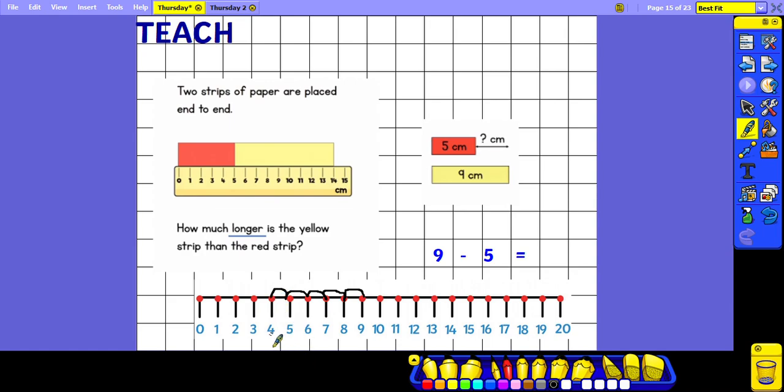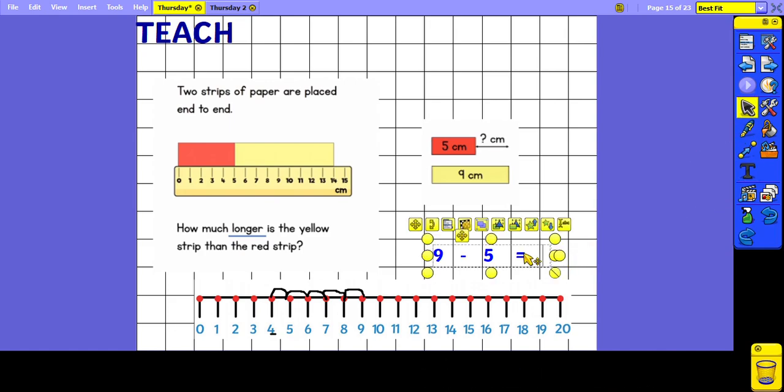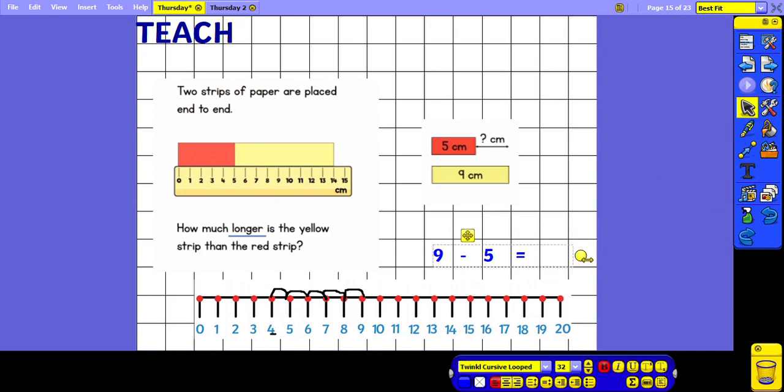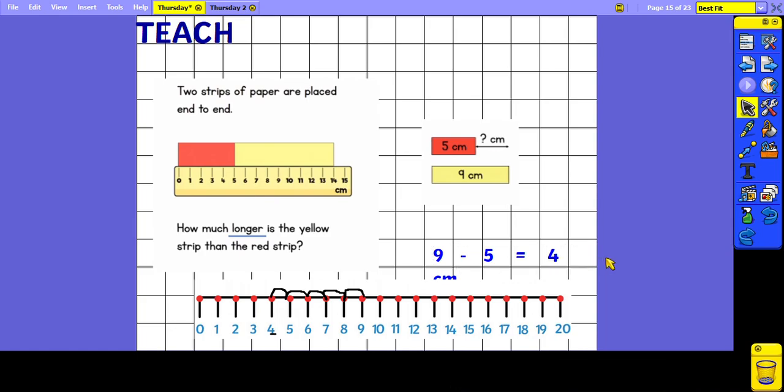And I have landed on 4. So 9 take away 5 equals 4, and we need to remember to put our units on the end because we are measuring in centimetres. So the yellow strip is 4 centimetres longer than the red strip.